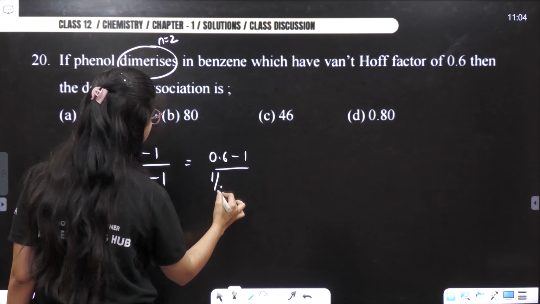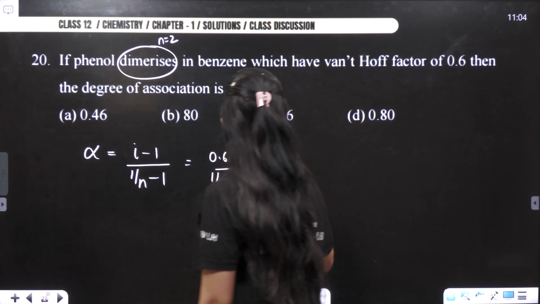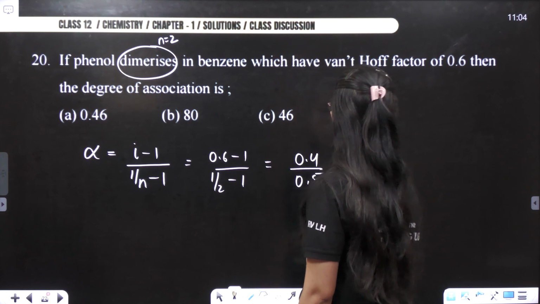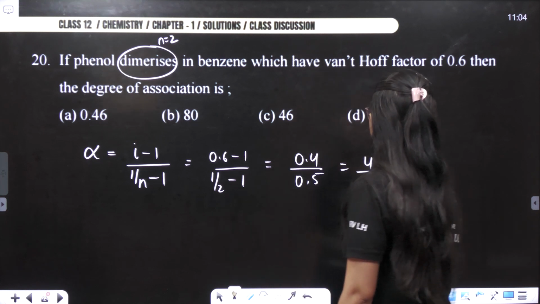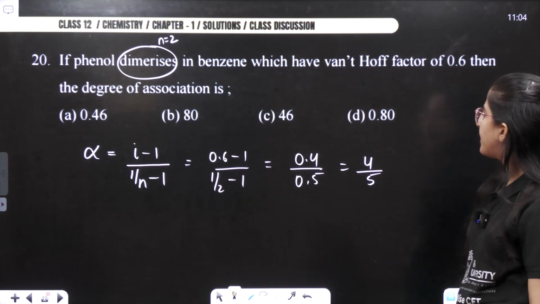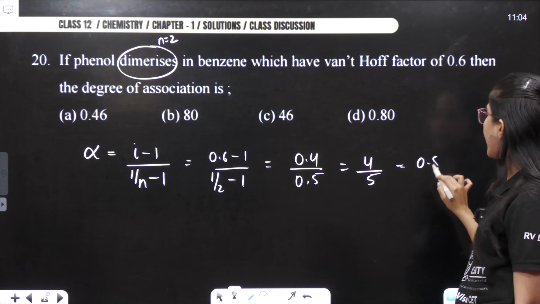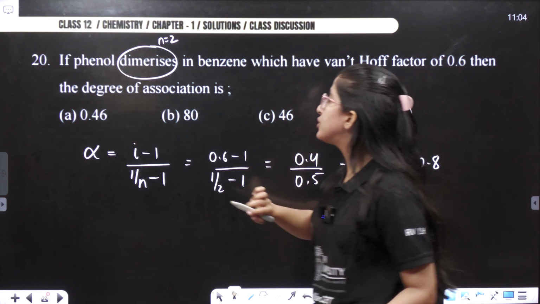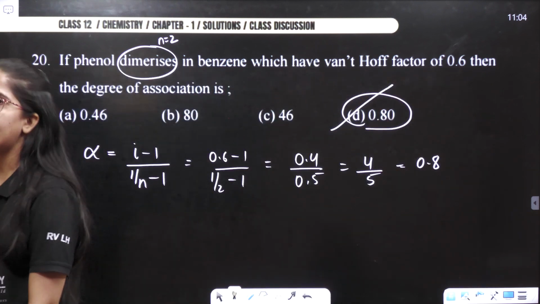So here we get 0.4 divided by 0.5, that is 4 divided by 5, which is 0.8. So the correct option is the one with 0.8. If a percentage of degree of dissociation is given, then it will be 80.